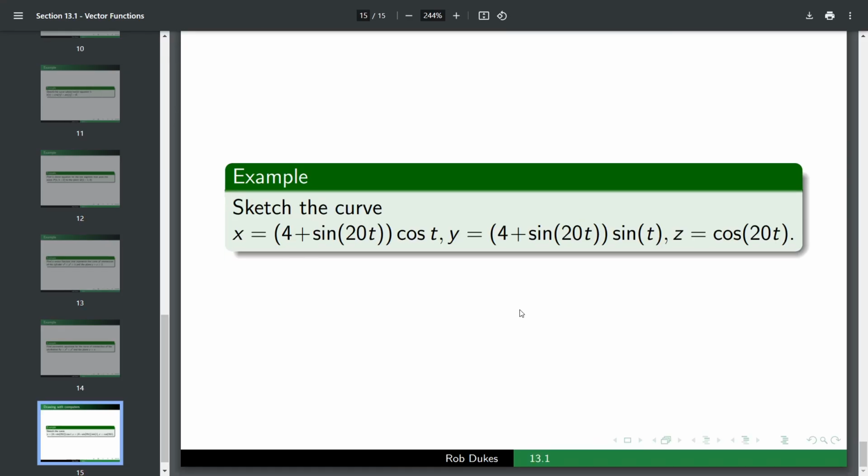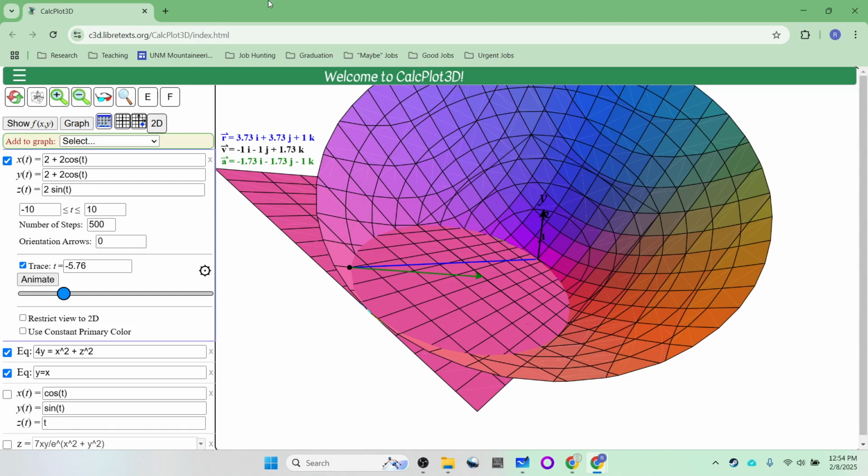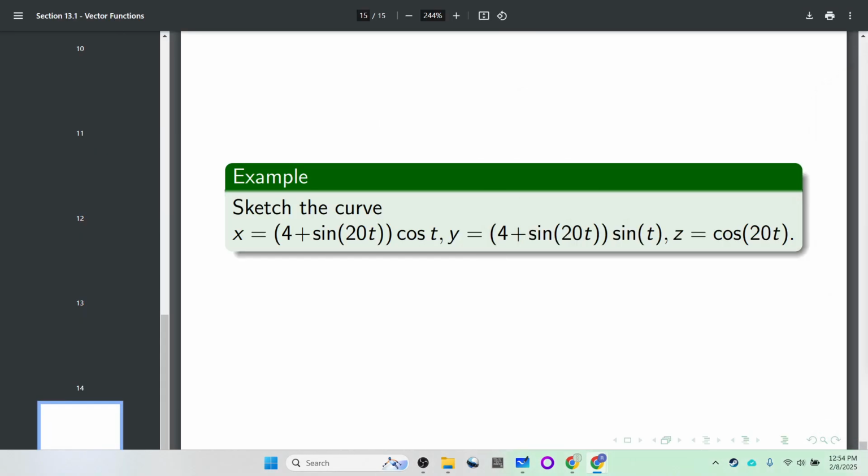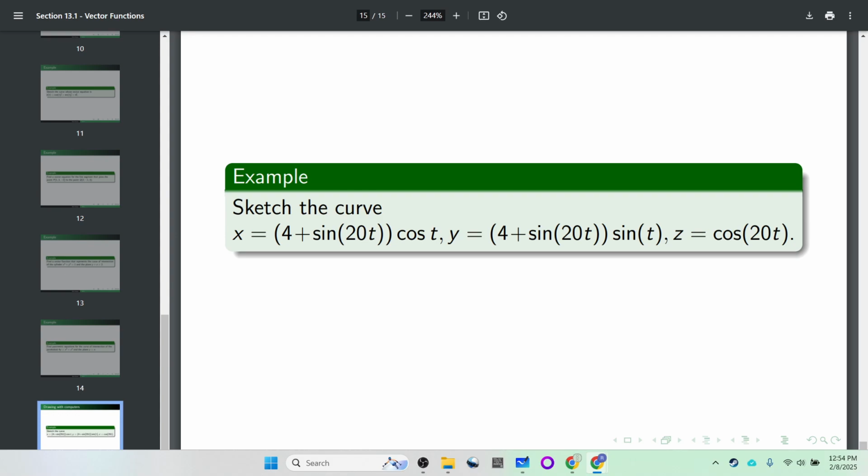Okay. Last one is sketch this curve. And so that is a really complicated one. So in this case, you should just skip straight to the graph, because I have no idea how you would do this by hand. So 4 plus sine of 20t.